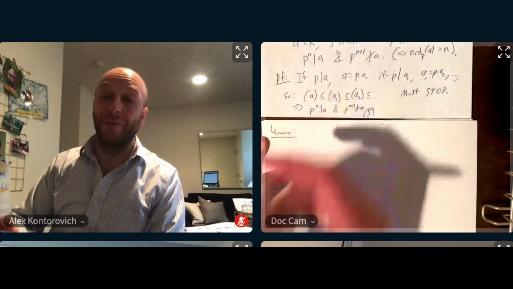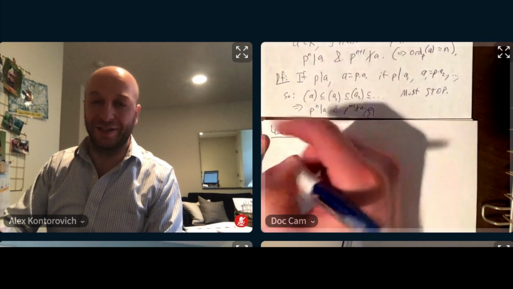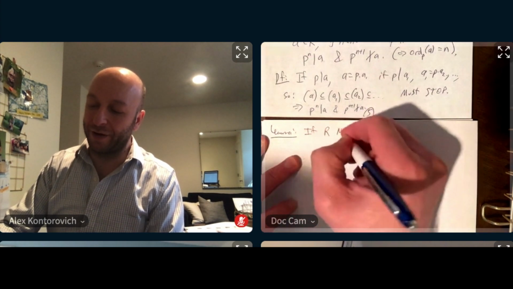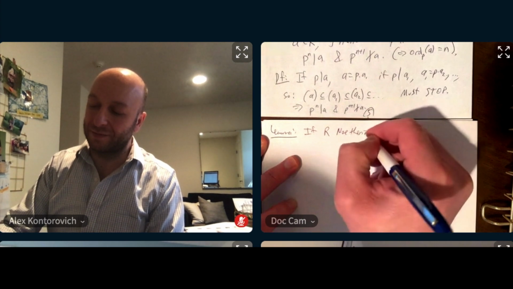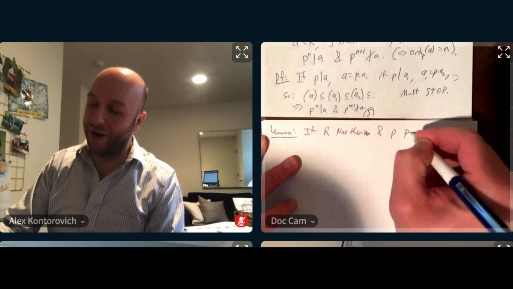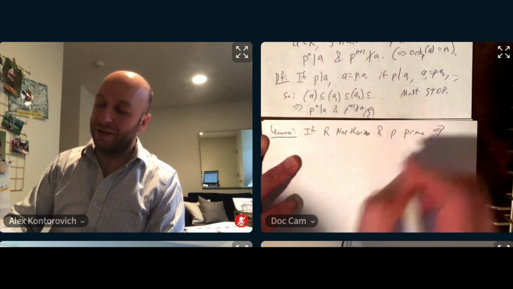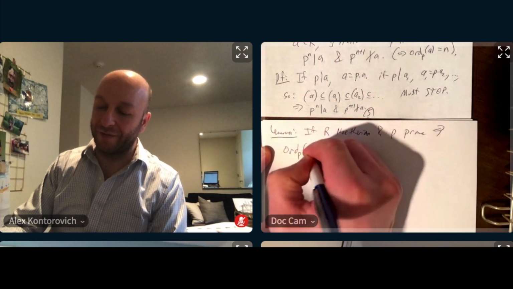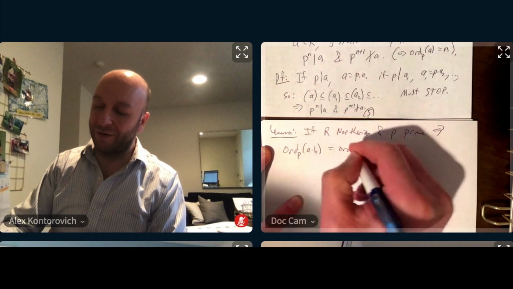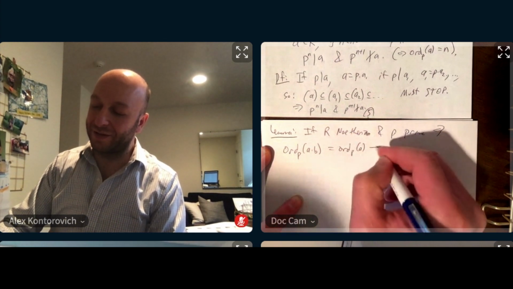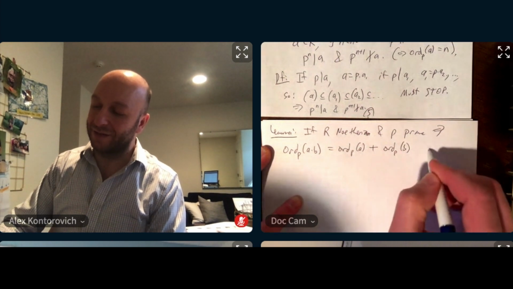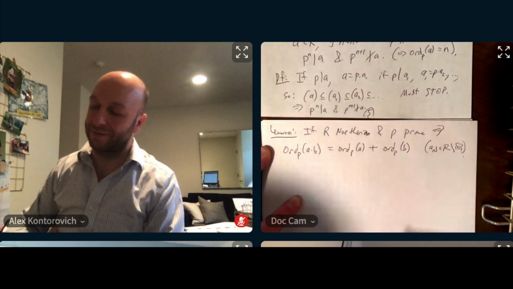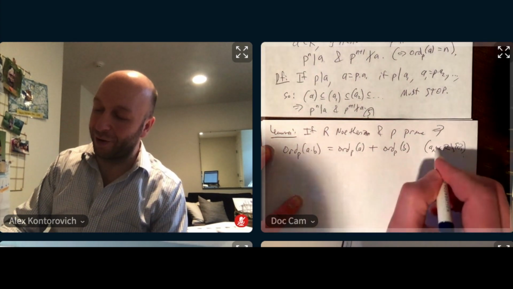The proof of that is the same as the original version, which is that if R is Noetherian and P is prime, then ORD sub P of AB is ORD sub P of A plus ORD sub P of B. And this is for A and B elements of the ring and not 0, because I can't take log of 0.